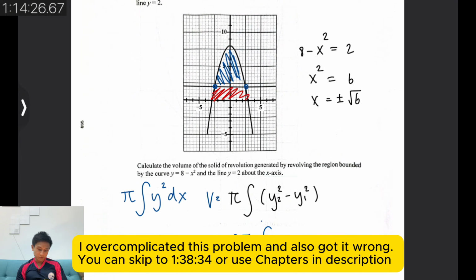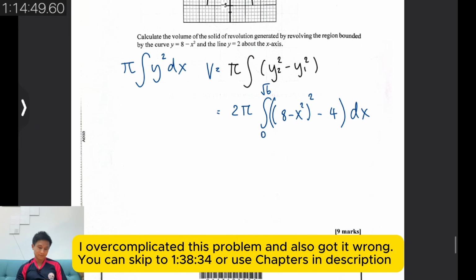So we're going to go from 0 to root 6, because when you have 0 around, it's simpler. y2 squared is just this squared, then minus y1 squared, which is 2 squared, so 4, and then dx.